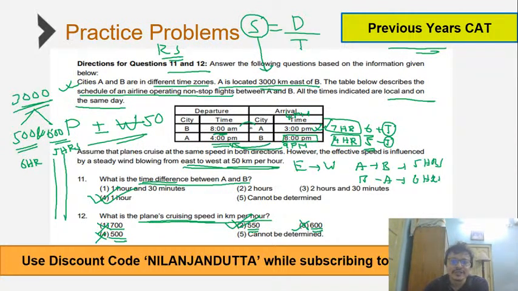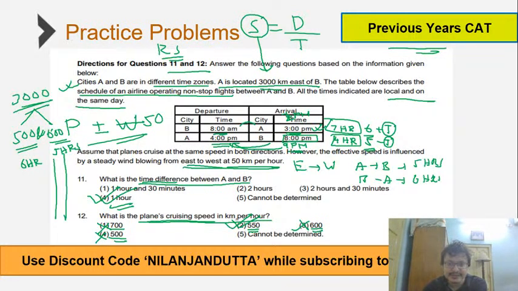So the time difference between A and B will be option 4, that is 1 hour. Instead of 2 p.m., this is 3 p.m. because A is 1 hour ahead. Similarly here, despite it should be 9 p.m., but it's 8 p.m. because B is 1 hour behind. So the time difference is 1 hour.